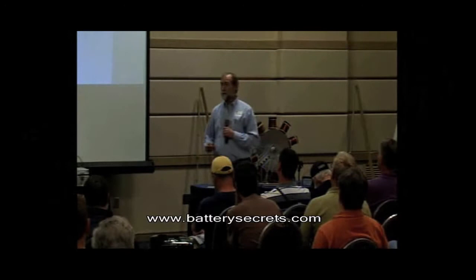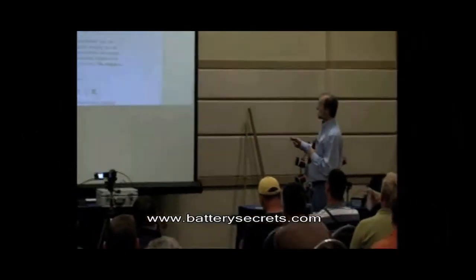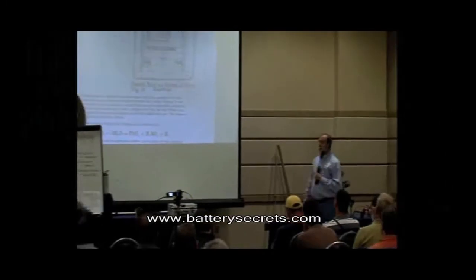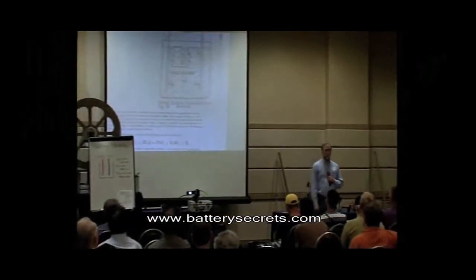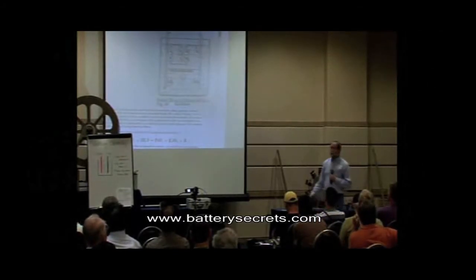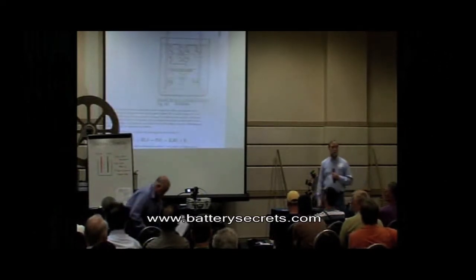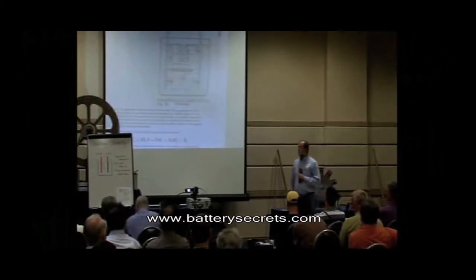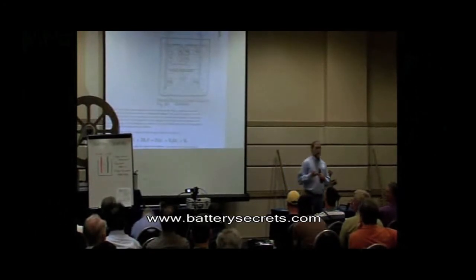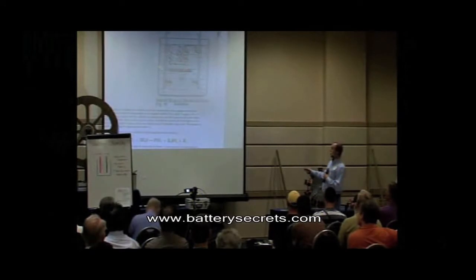And that's because these sulfate ions have a lot of mass. They move slowly. And to get these to move around, what you need to do is raise the voltage a little bit, because these things are just moving around in here.